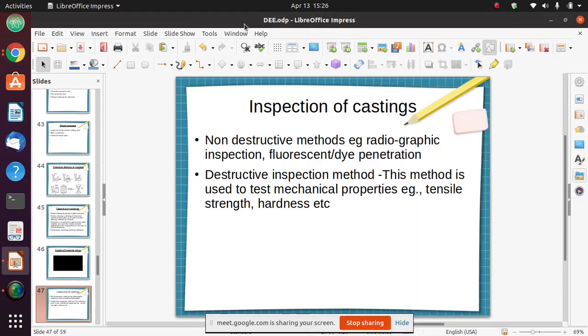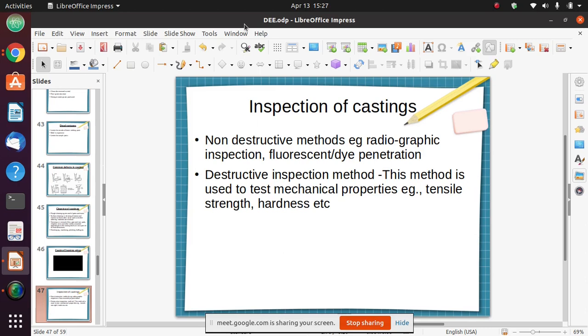Okay, now how do we make sure that the casting that we have produced is of standard? Labda umefanya casting and it is very weak, it cannot withstand the stresses ambayo unataka ku subject it to. So we can inspect those castings by two major methods, and the first one is non-destructive methods.